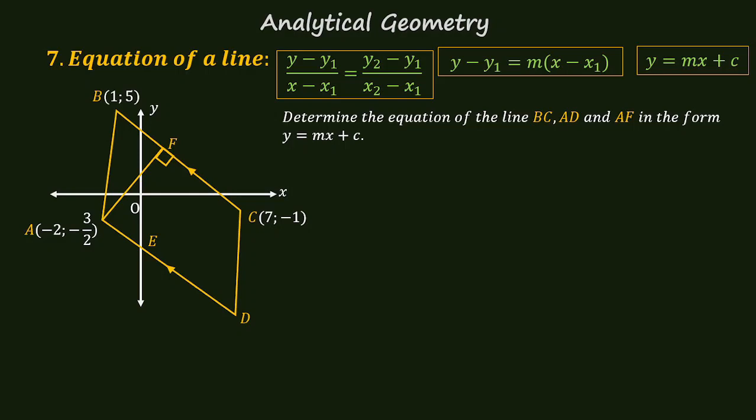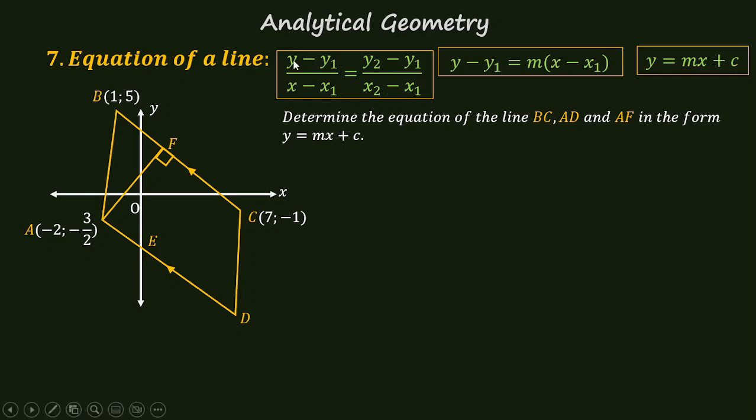If you are given 2 points and you have to find the equation of a straight line, you can use this 2-point form approach to determine the equation of that particular straight line.